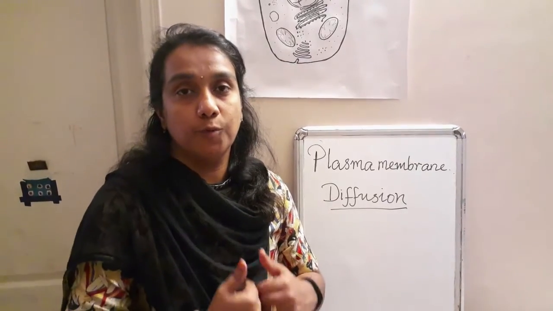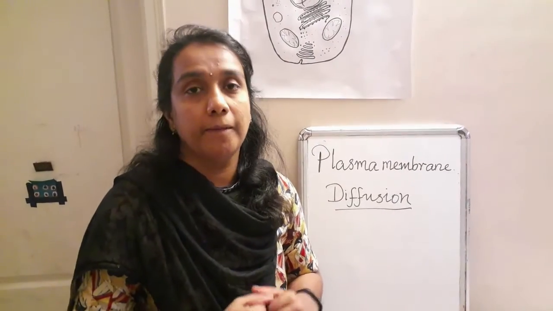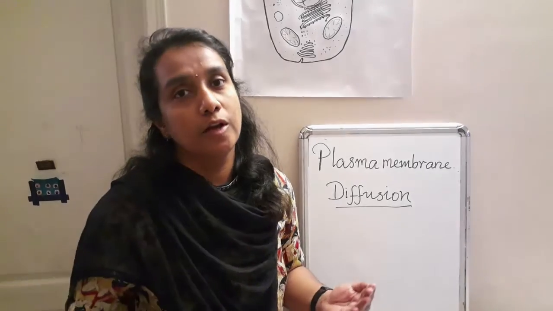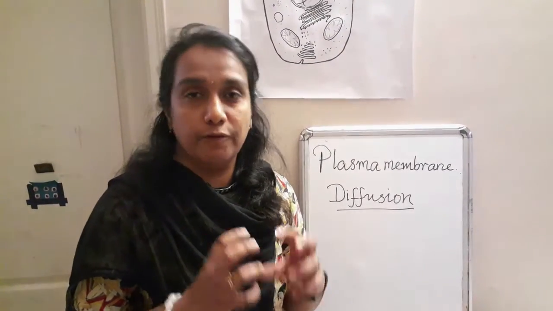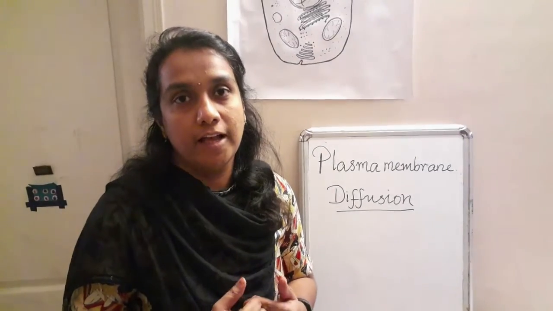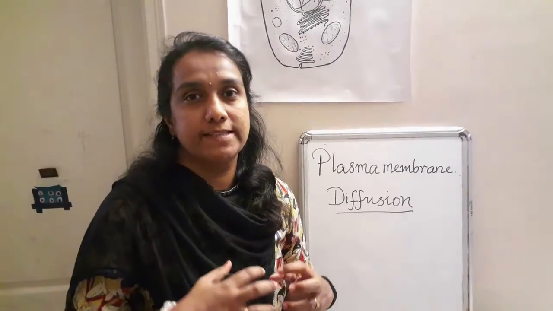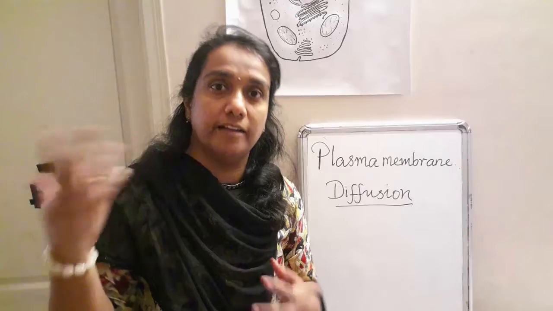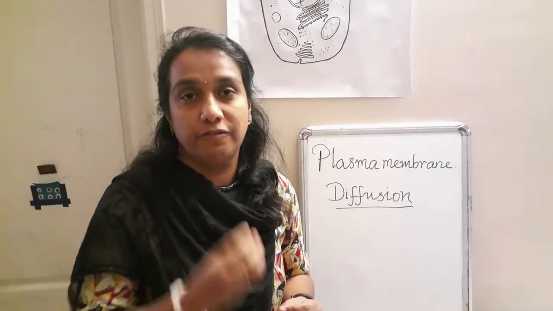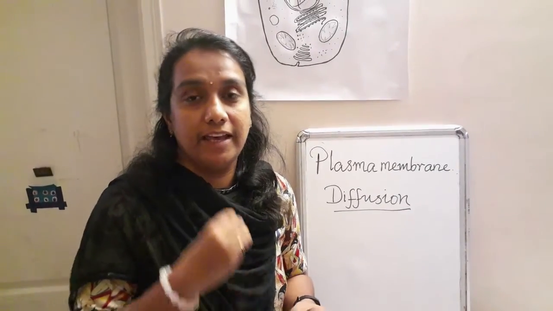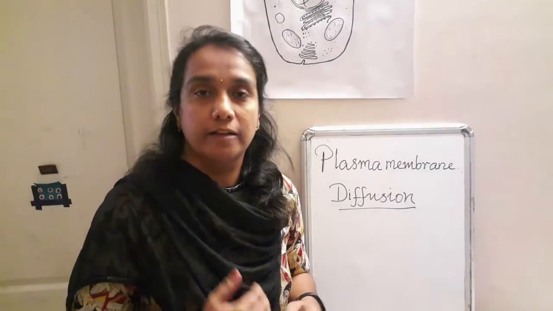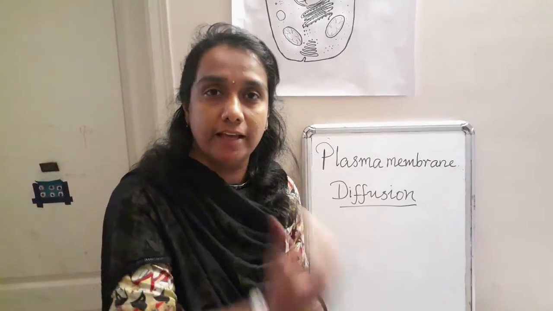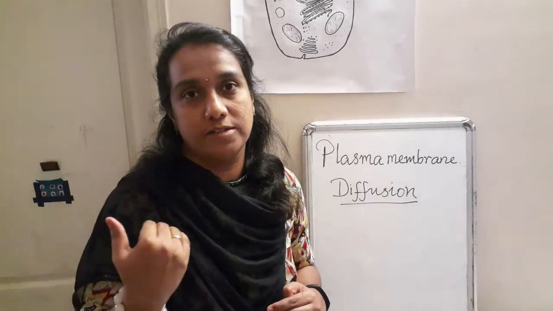Diffusion means the movement of molecules from high concentration to low concentration. We can see the process of diffusion in our daily life. Suppose in our home, if we are sitting in any room other than the kitchen and gas is leaking, we can smell it. That is because of diffusion, the movement of molecules from high concentration to low concentration.